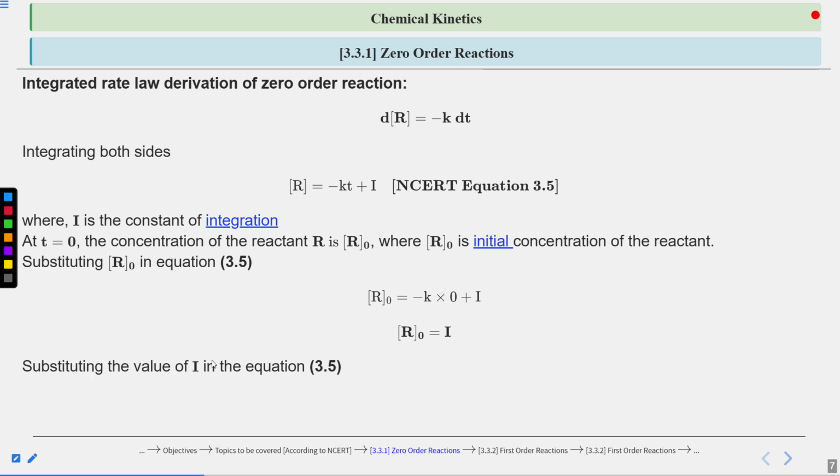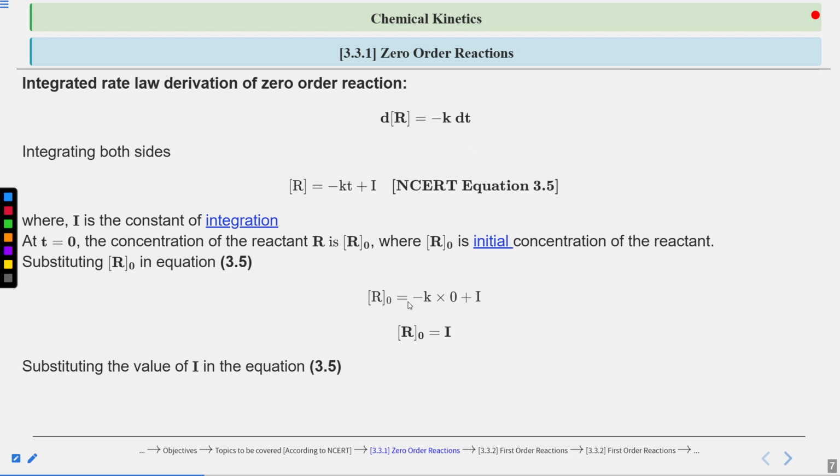Now substituting the value of I in equation 3.5. First of all, if you have studied integration in mathematics, we put this I after the integration part. Somewhere in some books we represent this I as small c or capital C, which represents some constant value that we get in the integration part.